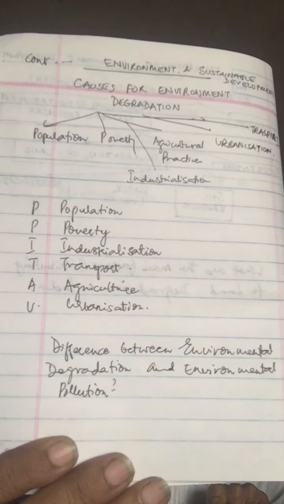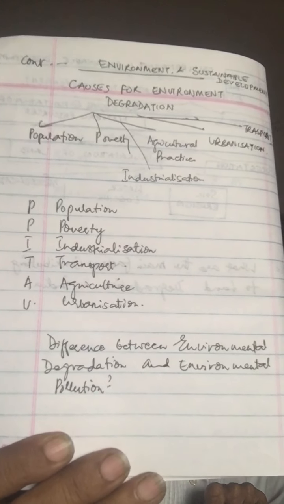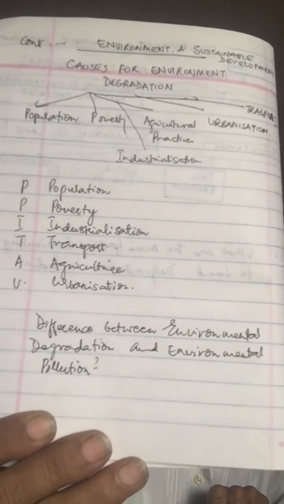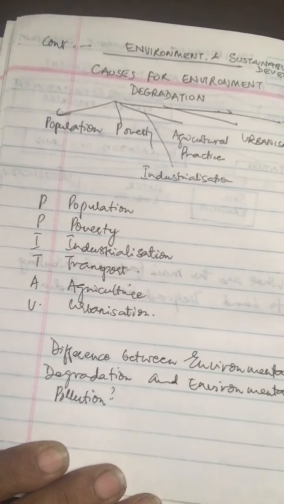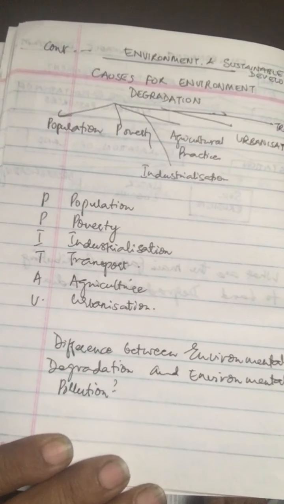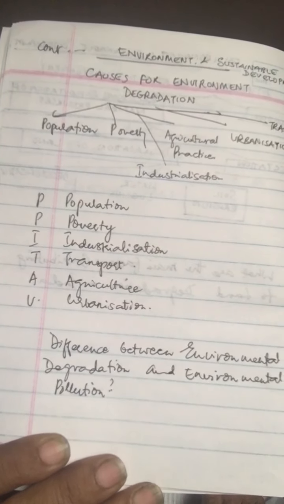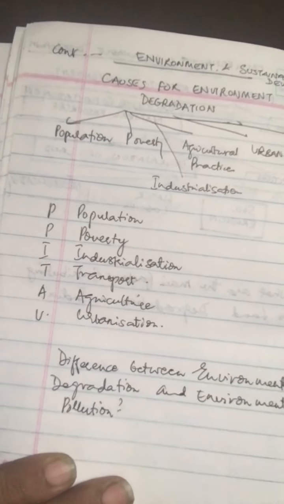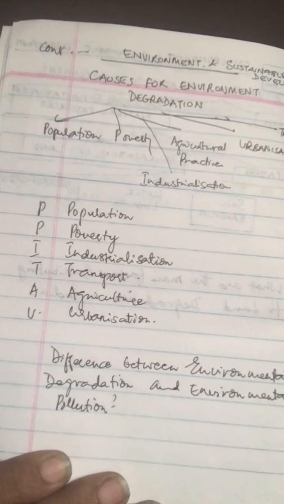Then you have I. Let's do I. What is I? This is the basic thing, industrialization. Absolutely, it is industrialization. It is behind all the pollution that you can think of: air, water, noise, etc. Industrial smoke is such a serious pollutant.